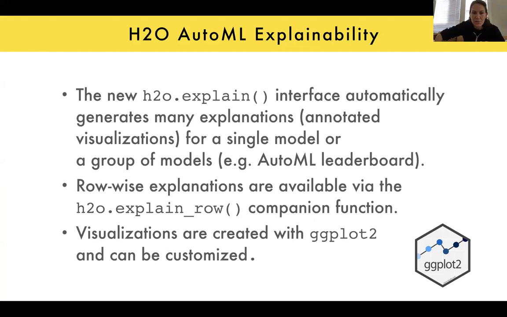You can pass along a single model, or a list or group of models, or you can even give it an AutoML object itself. So it can be used in both ways. If you give it a group of models, it will give you some extra plots that do multi-model comparisons that you won't get if you give it just a single model.